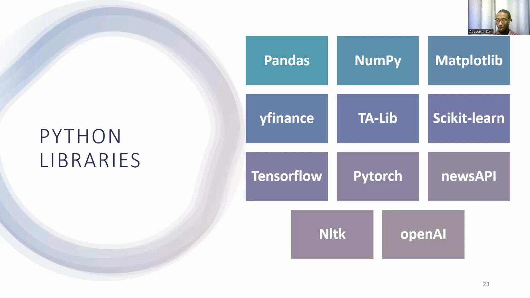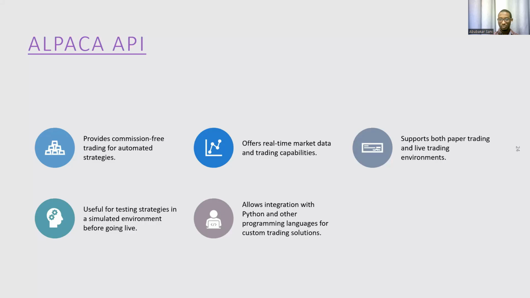Even the ChatGPT we are going to use, you can also use OpenAI to have access to those. So these are all libraries that make your life a lot easier if you are trying to code in Python.